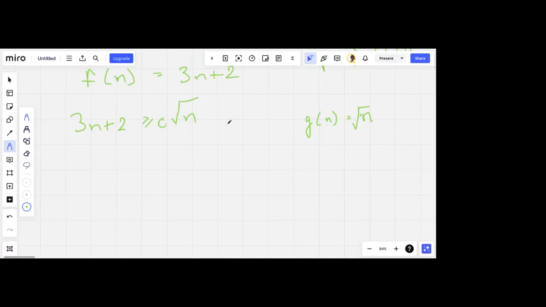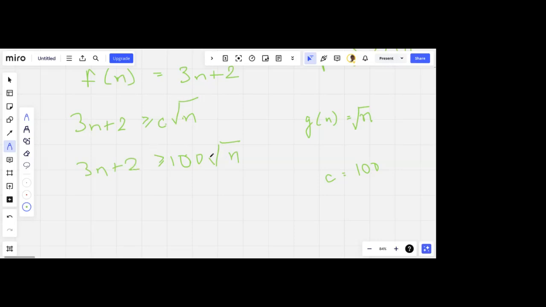Even if you take a very big value, it matters only for very big values of n. Let's say c equal to 100. So we can say 100 into root n. Is 3n plus 2 greater than that? If I take very big values of n, it would be greater.